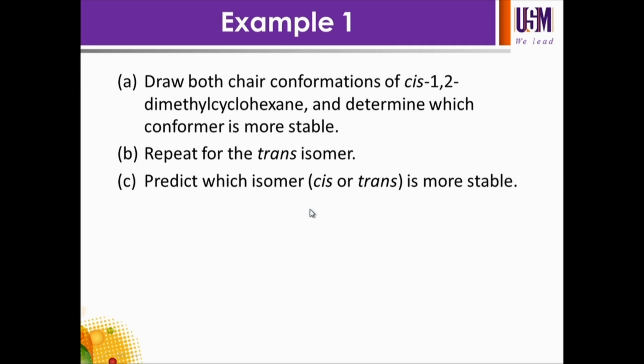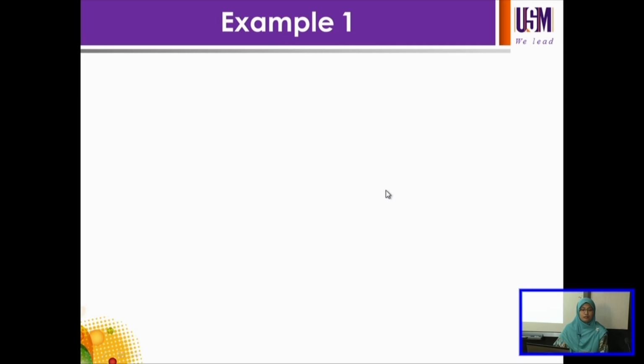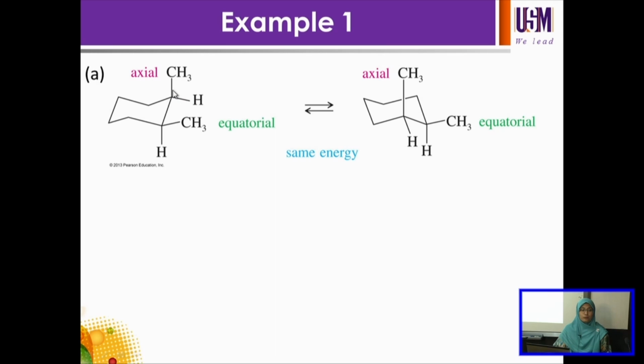Okay, let's look at this example. Draw both chair conformations of cis-1,2 dimethyl cyclohexane and determine which conformer is more stable. Repeat for the trans isomer and predict which isomer, cis or trans, is more stable. So for A, we will have one methyl group in axial position and one methyl group in equatorial position, at carbon number 1 and carbon number 2.